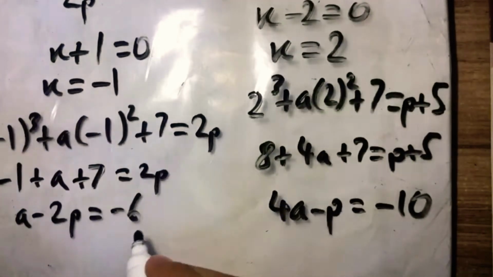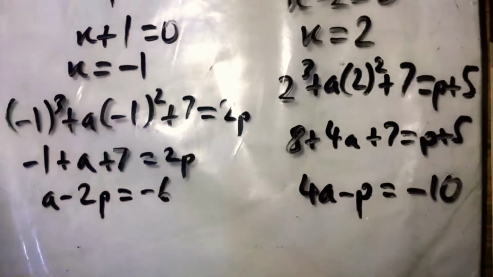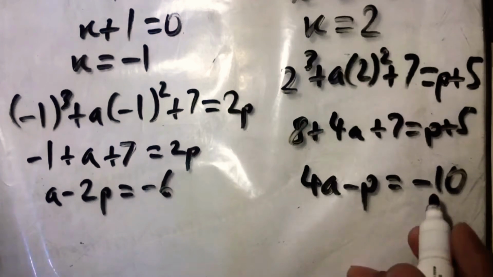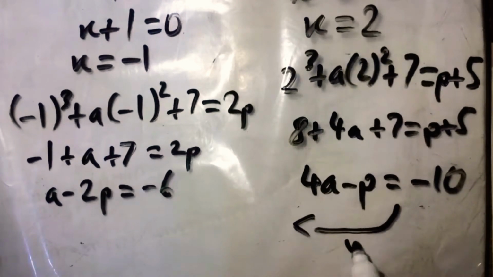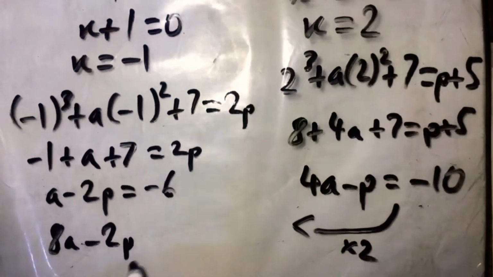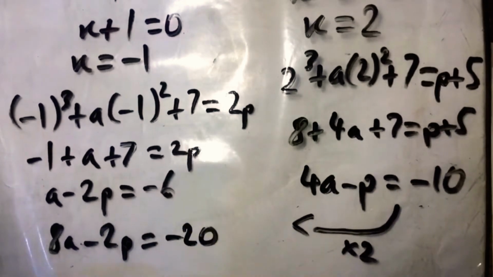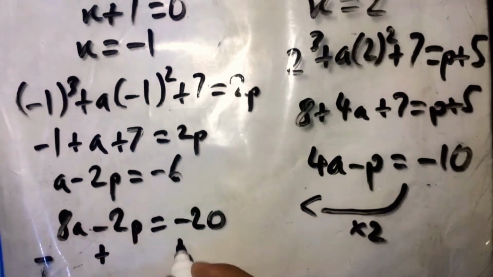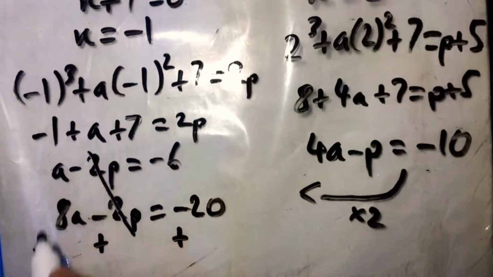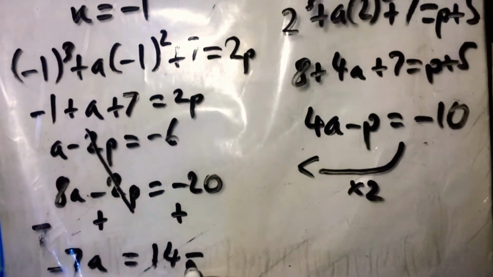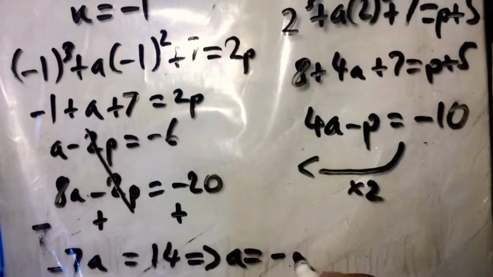Now we've got two equations. We'll solve them simultaneously to get the values of a and of p. Multiplying this one by 2. So 8a minus 2p equals minus 20. Subtracting these, therefore a equals minus 2.